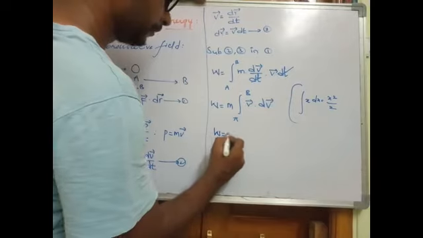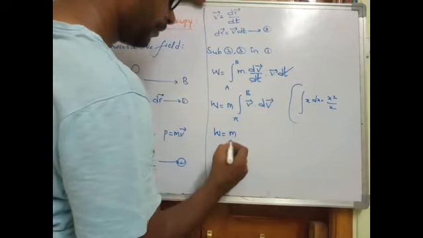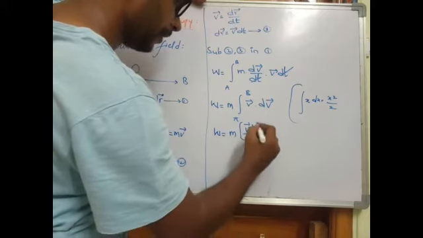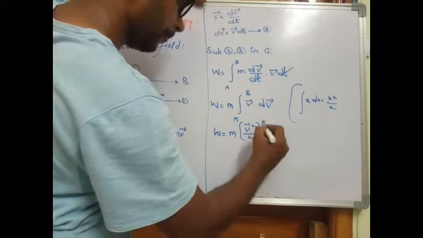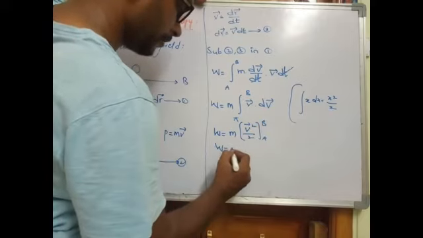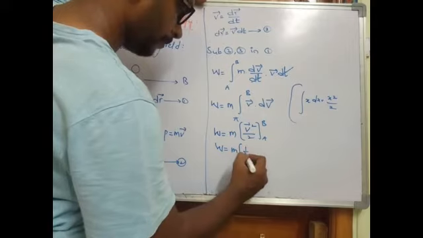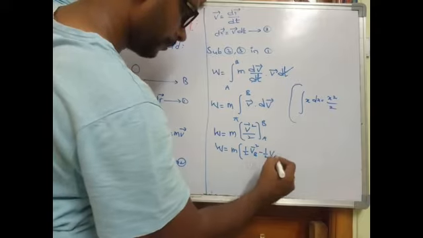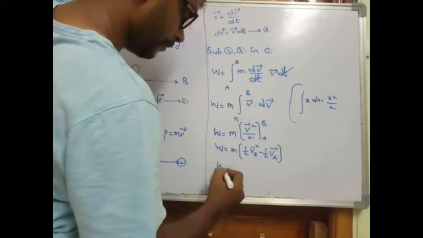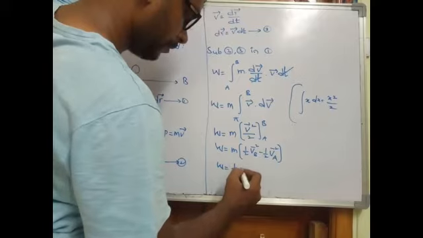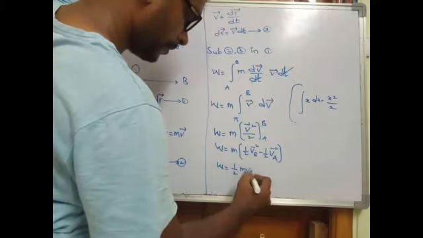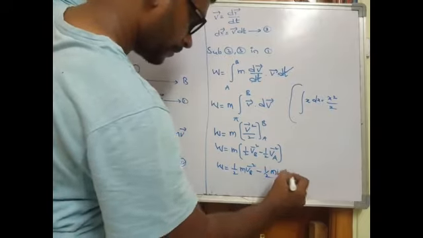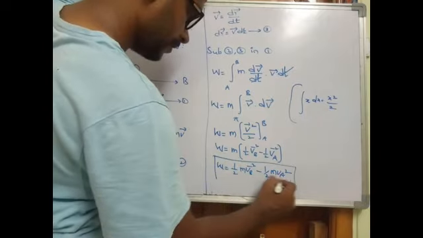W is equal to m into v square by 2, and here we take the limits at points A and B. Finally, W is equal to m into (1/2 v_B square minus 1/2 v_A square). So W equals 1/2 m v_B square minus 1/2 m v_A square. This is the resultant equation.